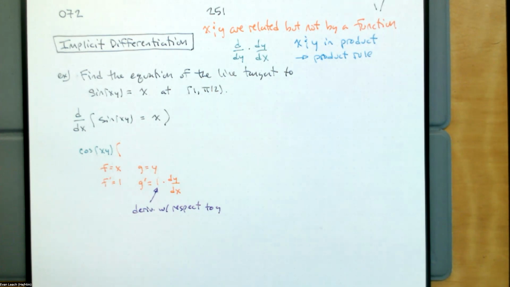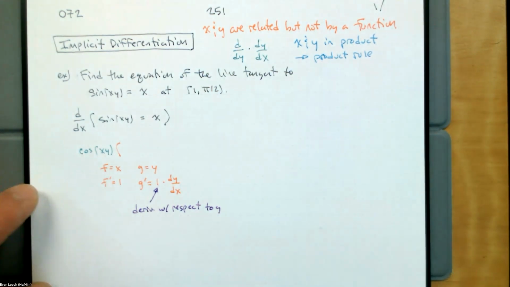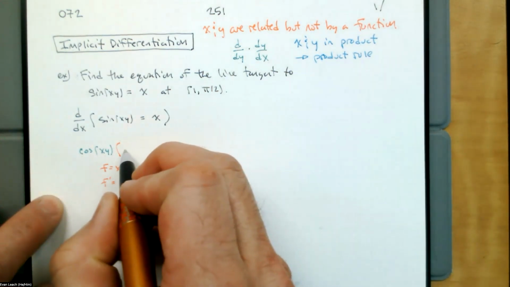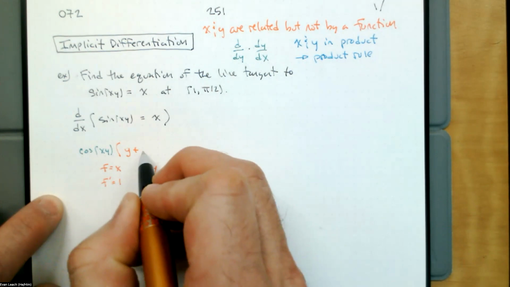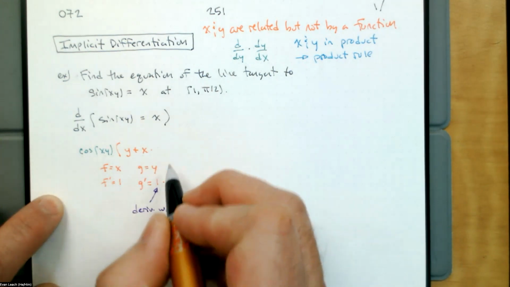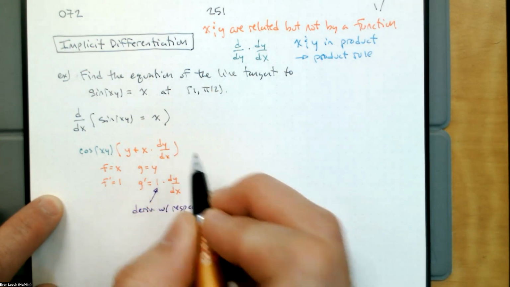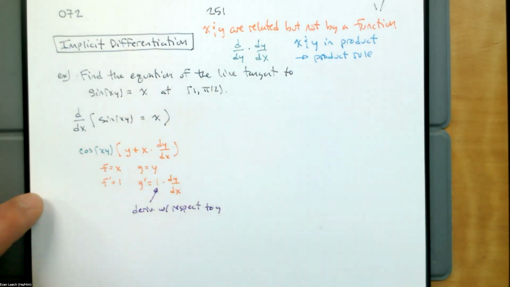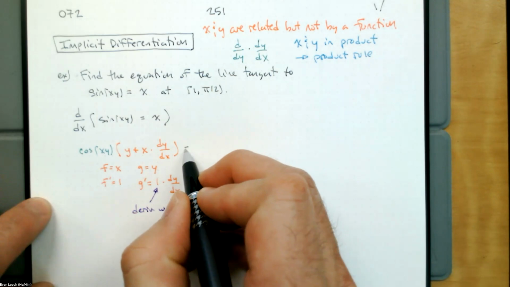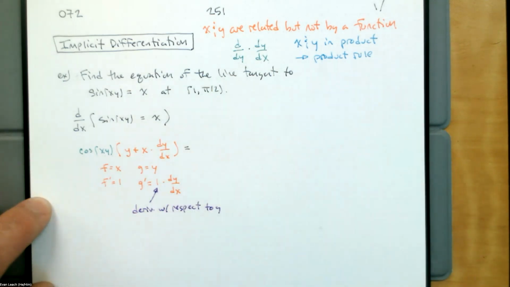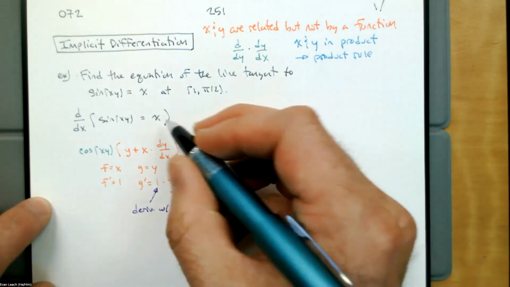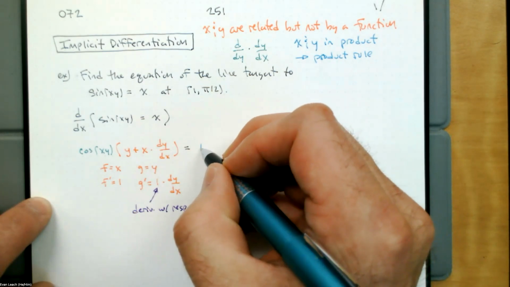So now we're using the product rule for the derivative of the inside. We say the derivative of the first times the second plus the first times the derivative of the second. And the derivative of x with respect to x is just 1.